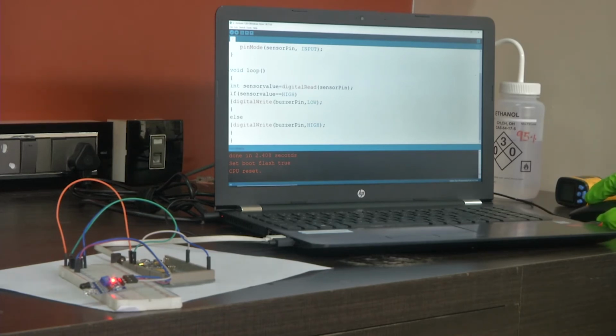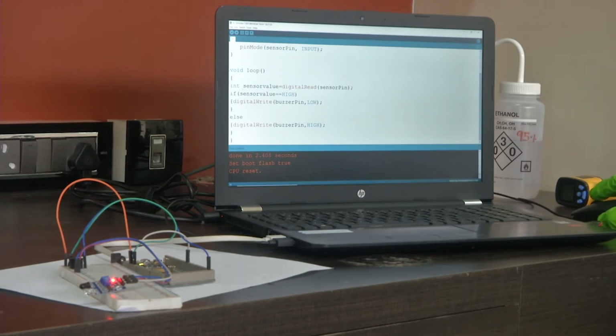Corresponding to high, the sensor value will store 1, and corresponding to low, the integer sensor value will be storing the value 0. And instead of integer you can use boolean also.